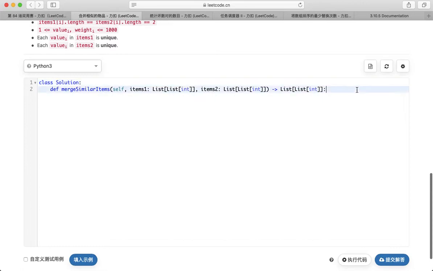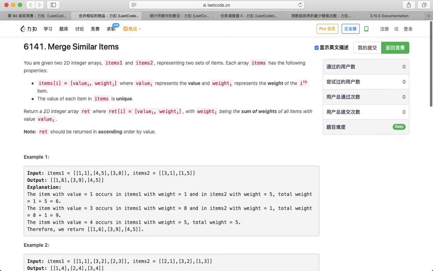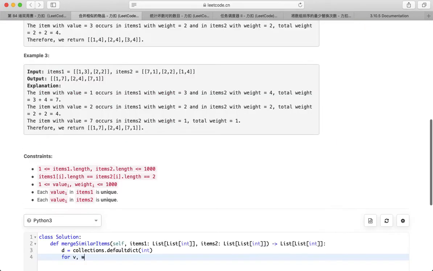So we can just have a dictionary that... I don't know why there are like two arrays.